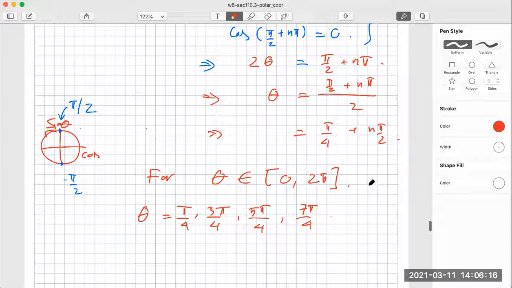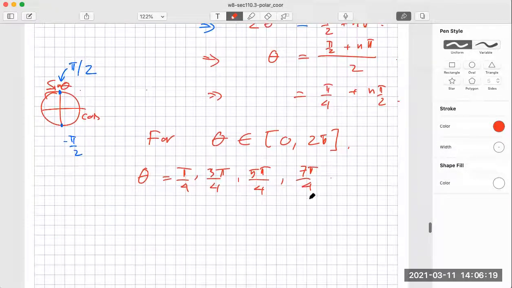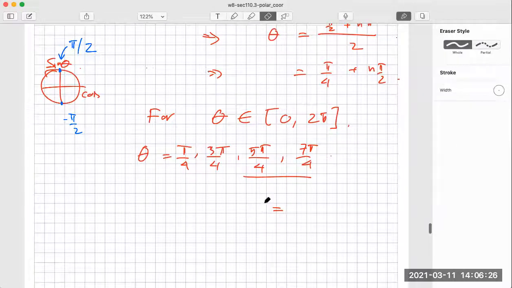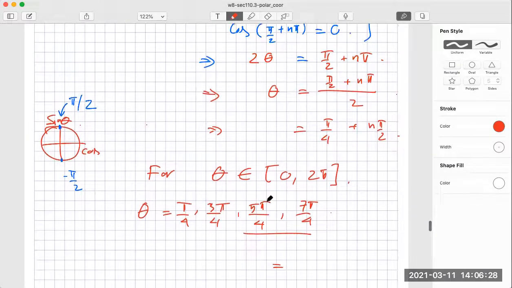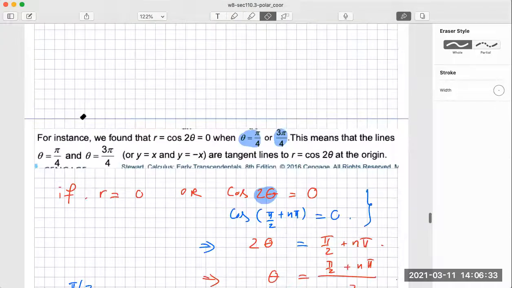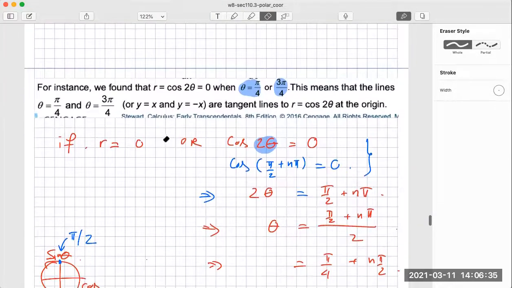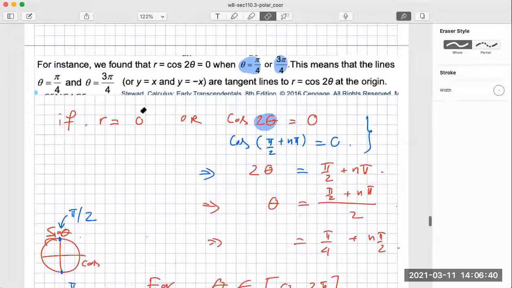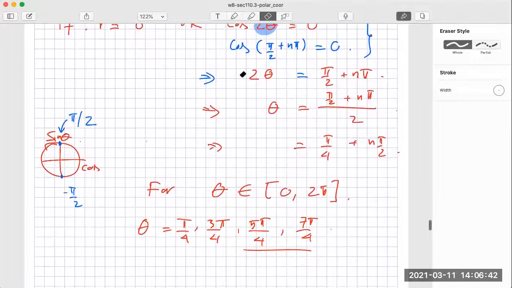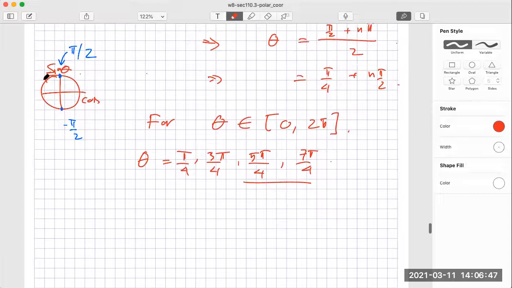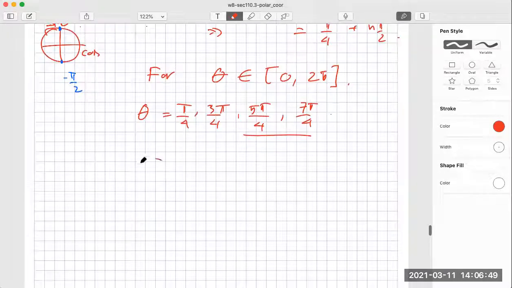But in this case, what is x and y? So look at this. They're the same lines, right?